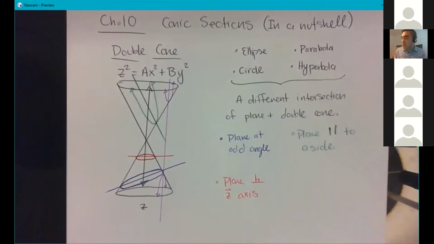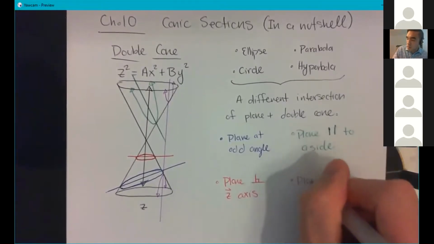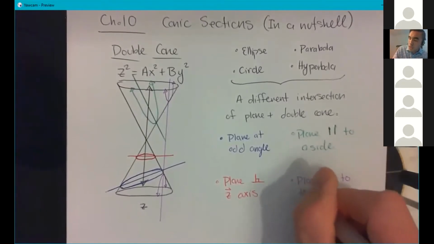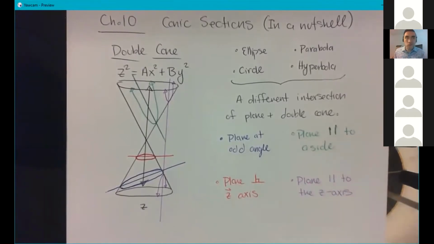And then the thing that gives us a hyperbola is a plane which is parallel to the z-axis. And that's everything that you actually need to know about conic sections. All four of these functions appear different when we graph them, but all of them are actually from the same parent function. It's just a matter of exactly what surface you are tracing on that parent function.